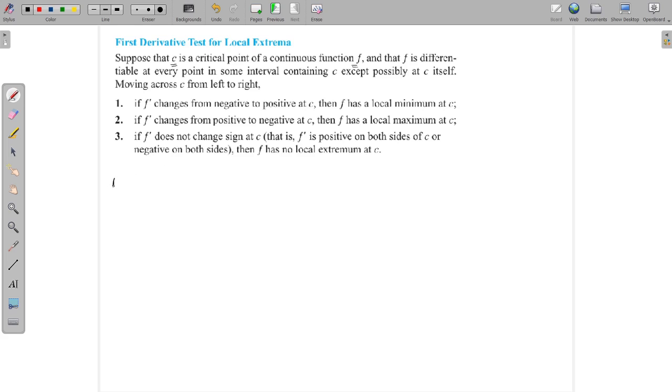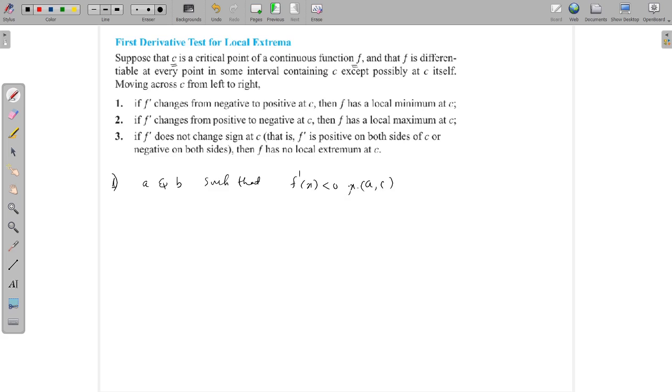Now we can prove the first part. Since f dash changes from negative to positive at c, you can find two numbers a and b such that f dash of x is always less than 0, that is, f dash is negative, whenever x is in the interval (a, c).